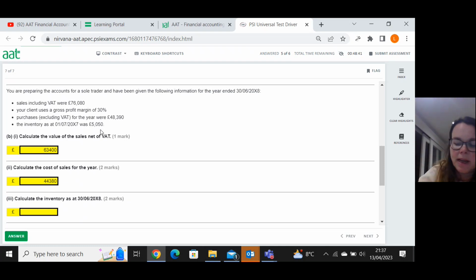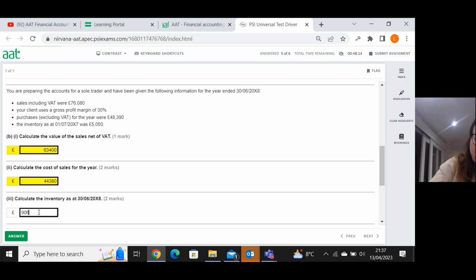So I've got the opening inventory, 5,050, plus 48,390. That gives me 53,440. So I need to know what to subtract, which must be my missing closing inventory, to get to this 44,380. So therefore that must be 9,060.